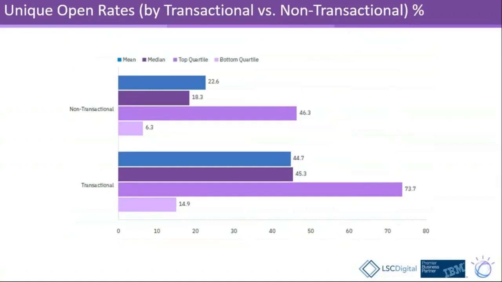So the next one is really a fascinating one. One of my favorite areas of numbers from the report over the years is what we've done here, which is basically look at just those transactional messages, right? And that's not just those messages that you think about from a retailer, confirming your purchase, your order's been shipped.